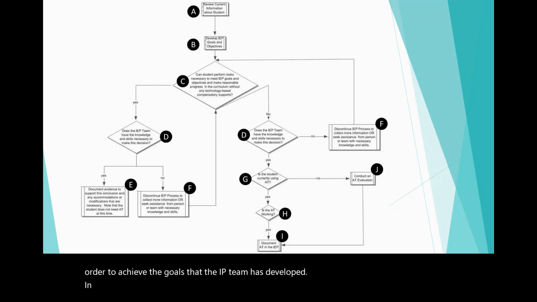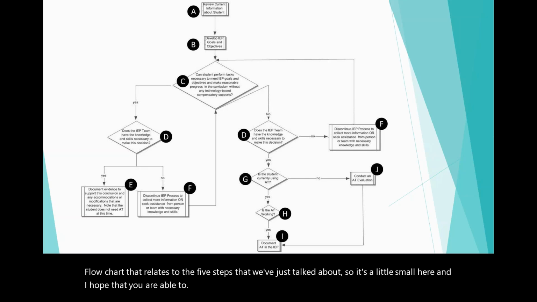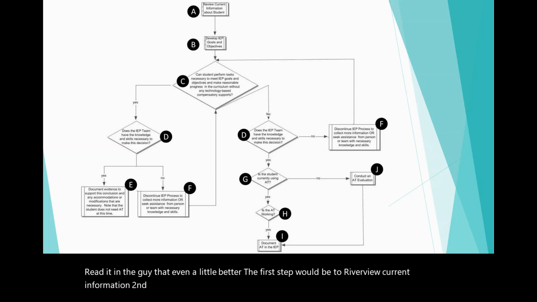In the guide, we offer this flowchart that relates to the 5 steps that we've just talked about. So it's a little small here, and I hope that you are able to read it in the guide even a little better. The first step would be to review current information. Second step, develop IEP goals.